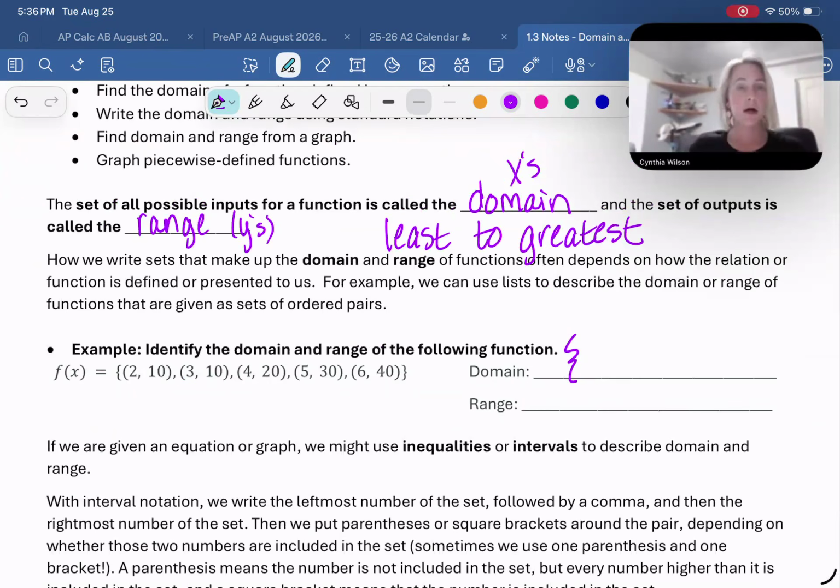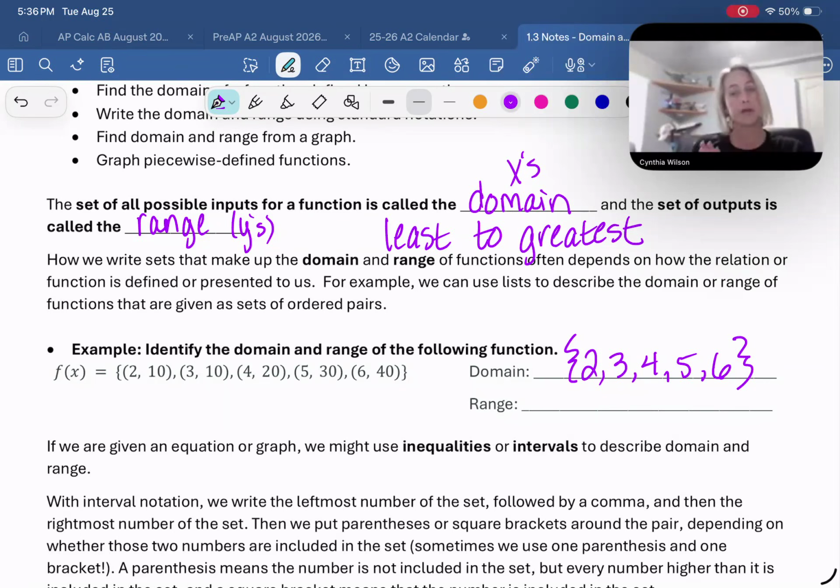Starting from the smallest x to the greatest x, we're going to list them. The smallest x there was a 2. Next one was a 3, followed by a 4, then 5, and then 6, and we close with another brace. Sometimes the braces look really good and sometimes less good. Nobody's judging. You do not use parentheses though, so do the best you can with a brace.